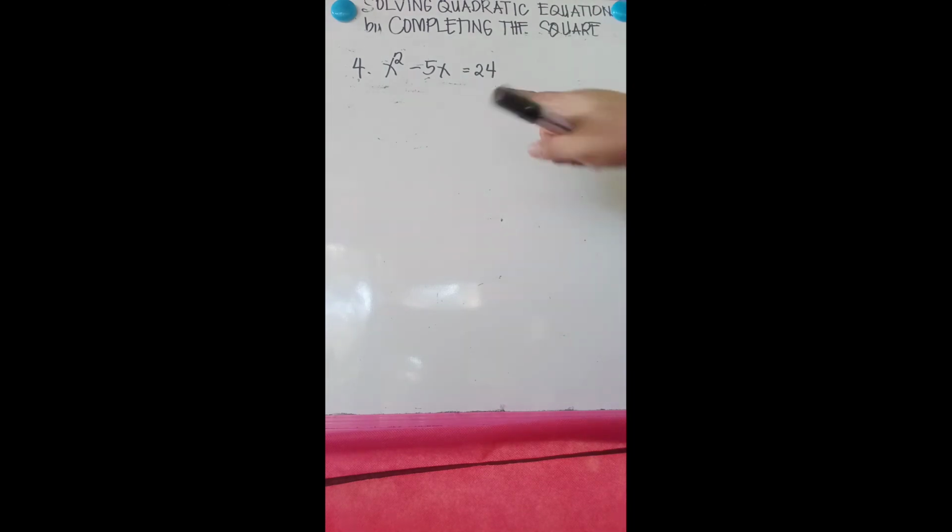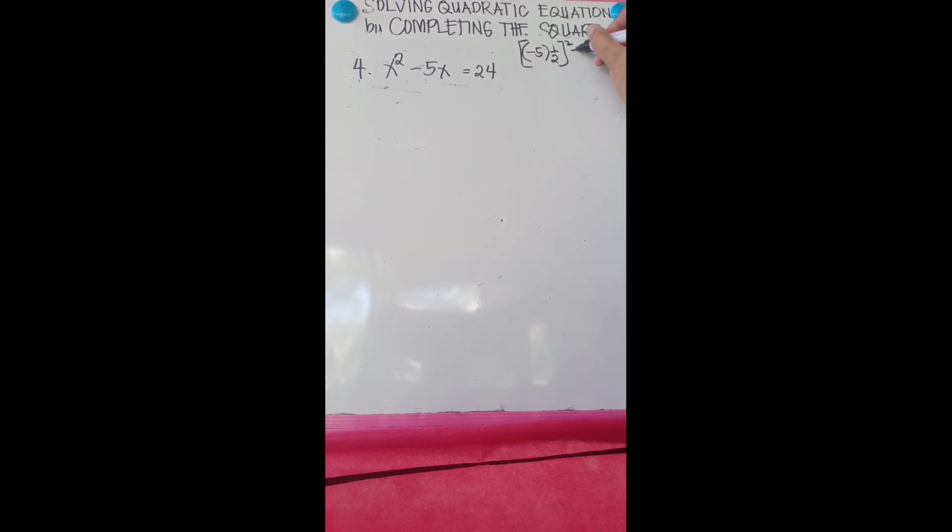So, yung constant natin dito ay nasa right na. So, wala na tayong i-transpose. Ang gagawin na lang is get the half of the coefficient of x, which is negative 5. Okay, then, syempre, square the answer. So, dito, multiply negative 5 by 1/2. So, that is negative 5 over 2. Then, square nyo ito.